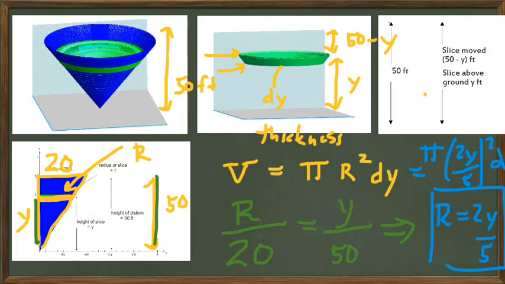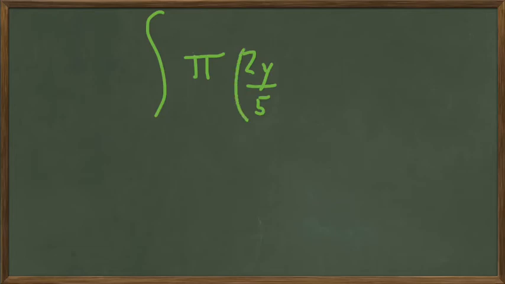So let's do the setup of the problem then. And so remember what we've got. We've got the integral of the volume of the slice, which is pi times 2y over 5 squared, times the thickness of the slice. Let's put dy over here.